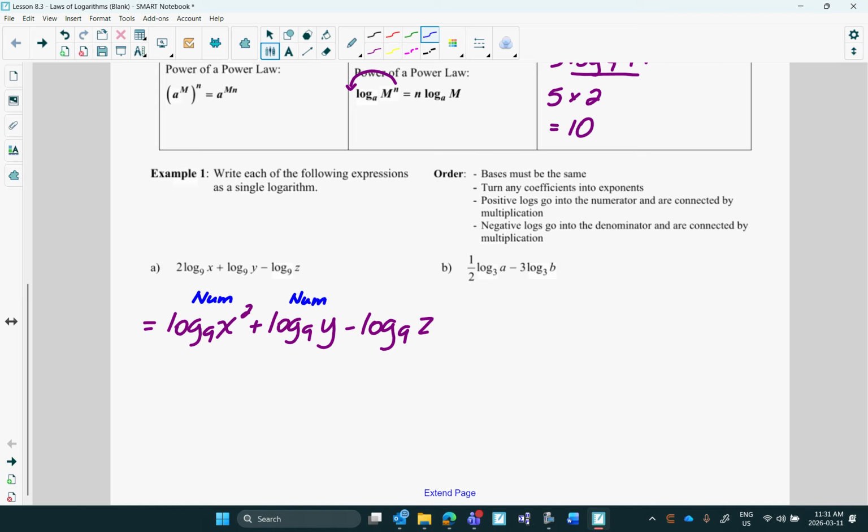If I've got a minus in front of the log, it's getting divided, isn't it? So it goes down into the denominator. So I can look at this and say, okay, I can combine these two. The log base 9 of x squared y.